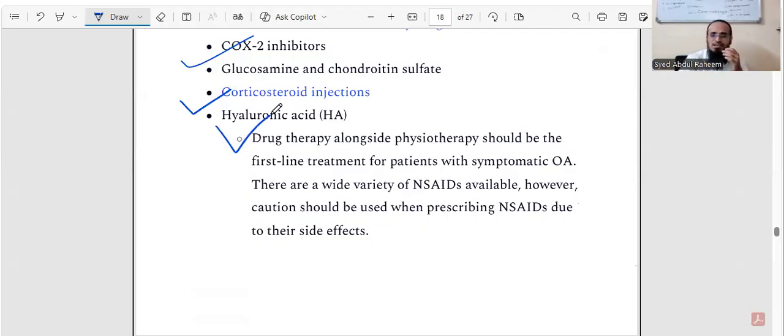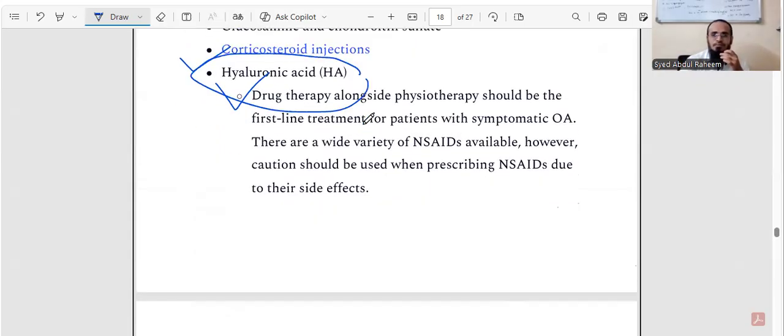It is injected artificially. What will happen? The gap in the knee is increased, it is a therapy. It is also being used nowadays. Those knee injections are very costly, maybe 30 to 40,000.